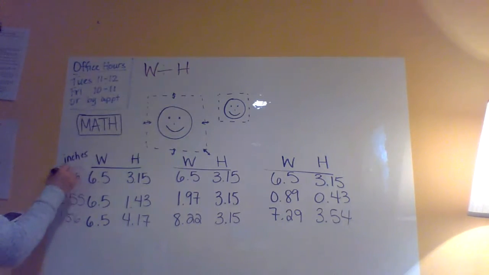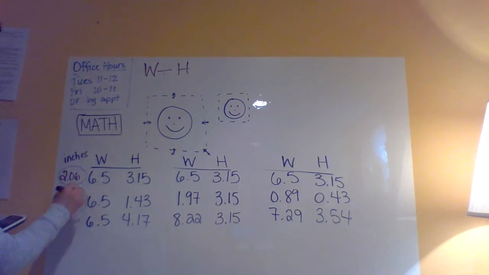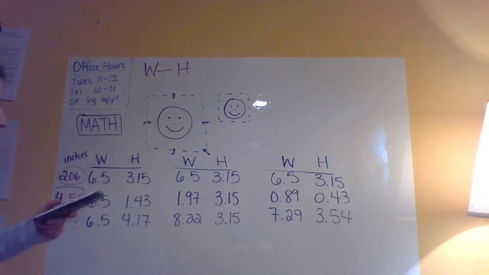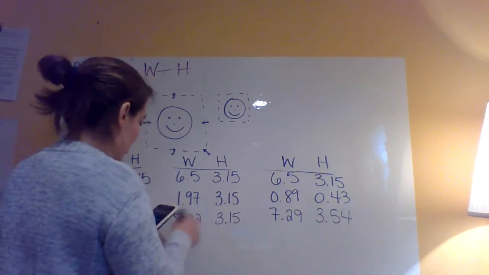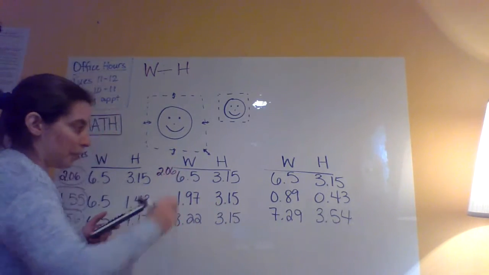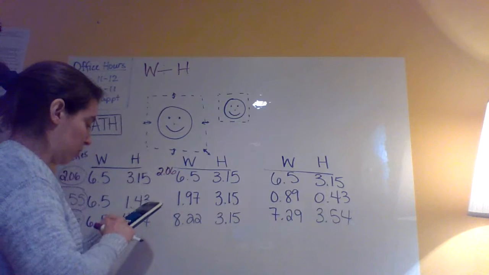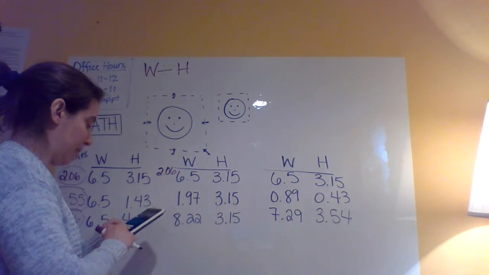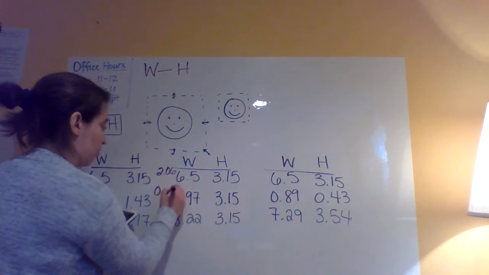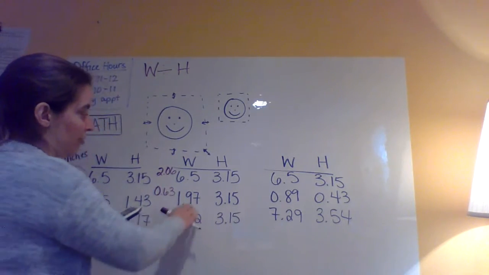Okay, so their ratio, or the way they compare, is different for each of these pairs of numbers. If I go over here and do the same thing, we know that this is going to be 2.06. I'm starting with the same pair. Let's do the next one. 1.97 divided by 3.15. I get 0.63. Okay, very different comparison.